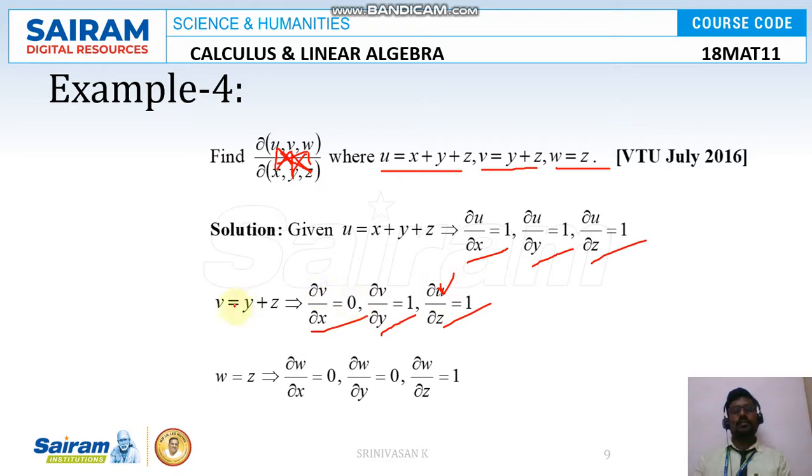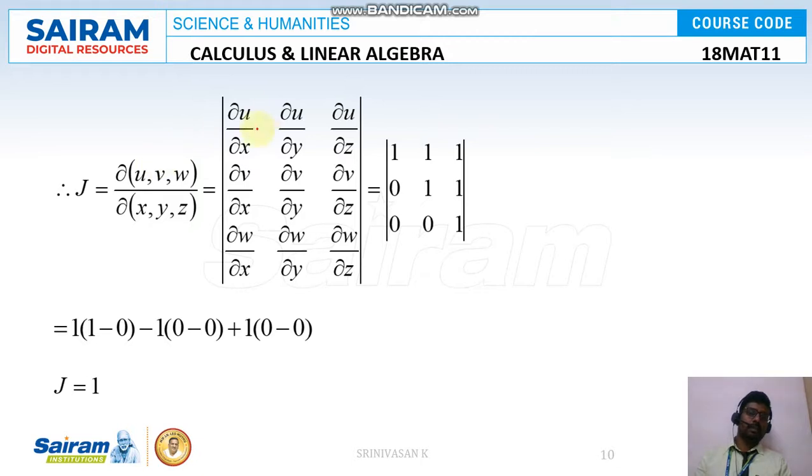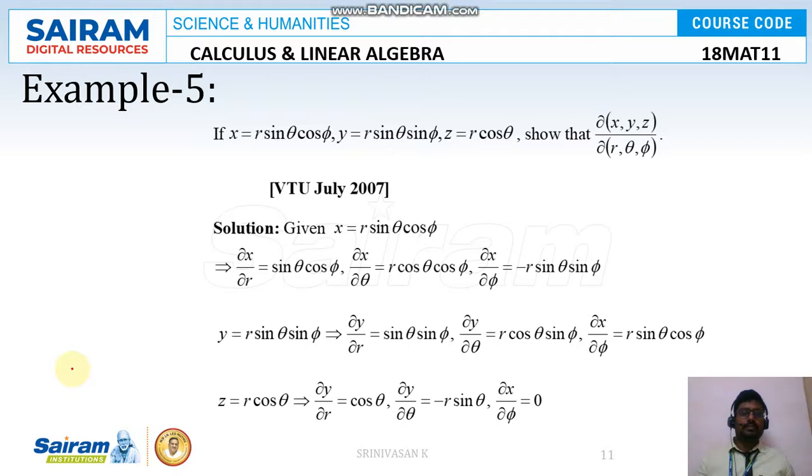Why is vx equal to 0? There is no x term. Then wx equals 0, wy equals 0, wz equals 1. Now substitute the matrix 1 1 1, 0 1 1, 0 0 1. So normal multiplication, J equals 1. Yes, that's all.